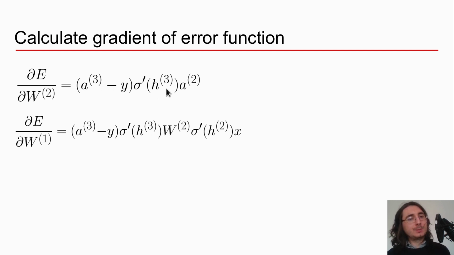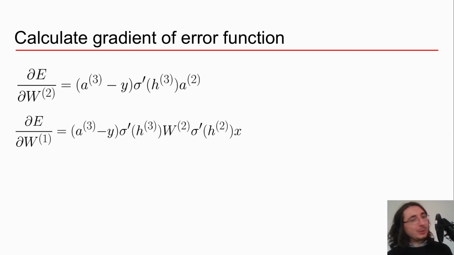This is great news because it means that for calculating the derivatives of previous layers, we can reuse some of the stuff that we've calculated in layers that are towards the end of the network.